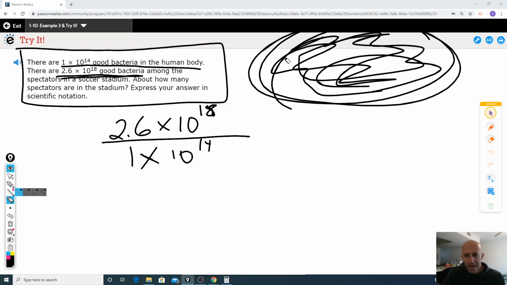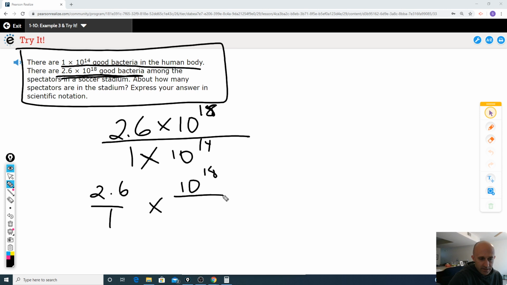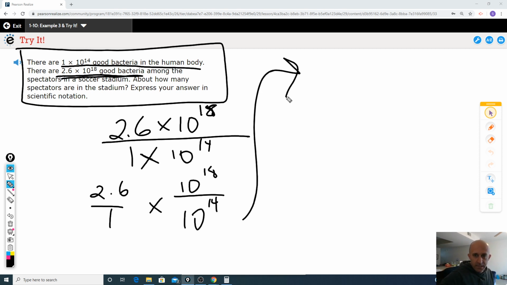Now, let's go back to how we can do this. We can separate this into 2.6 over 1 times 10 to the 18th divided by 10 to the 14th. 2.6 divided by 1 is 2.6.